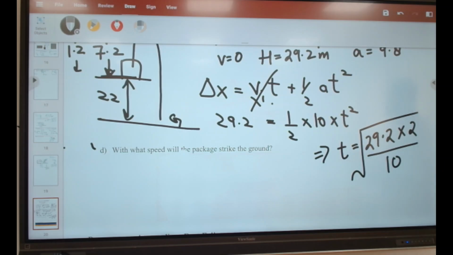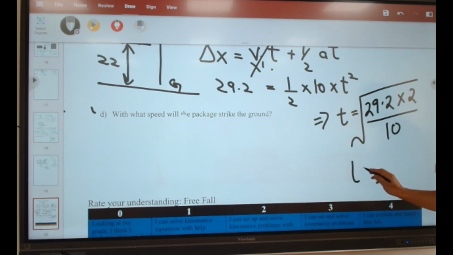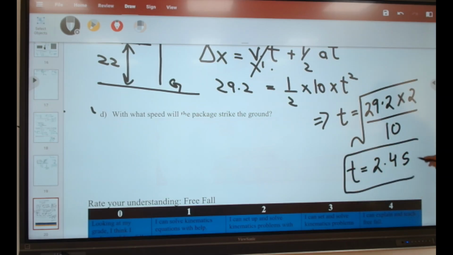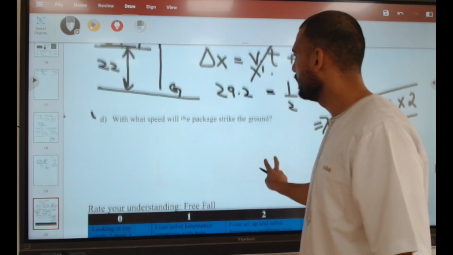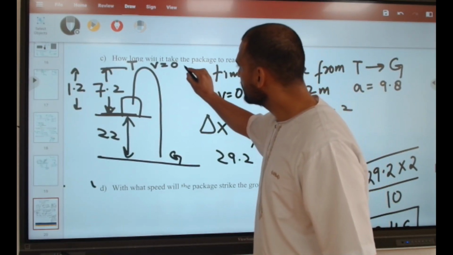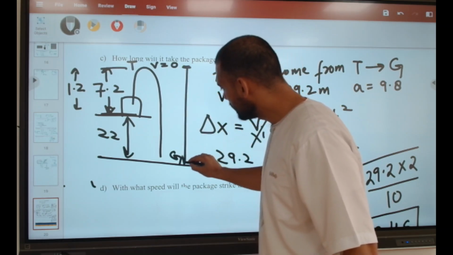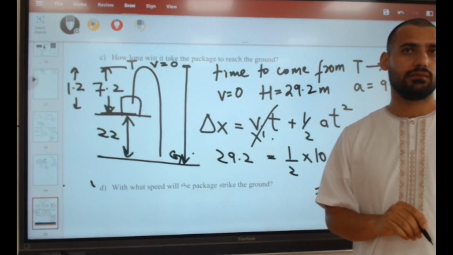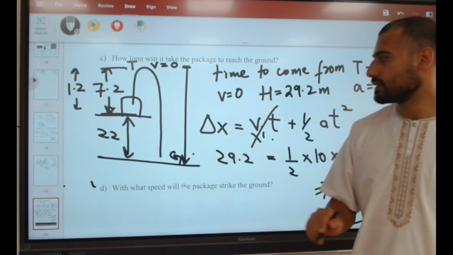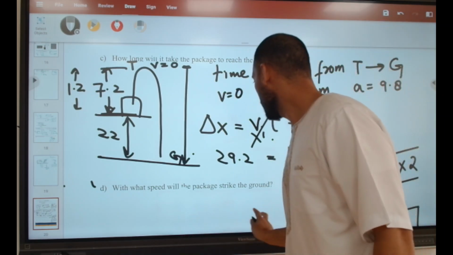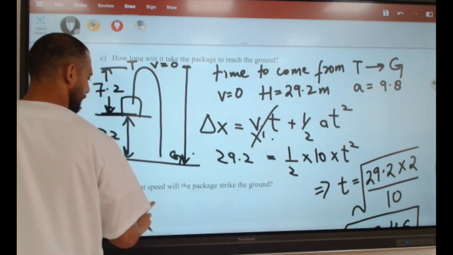Evaluate, tell me the time. 2.4 seconds. So this time is the time taken from this point to this point. What is the total time? Therefore, add 1.2. Very good.